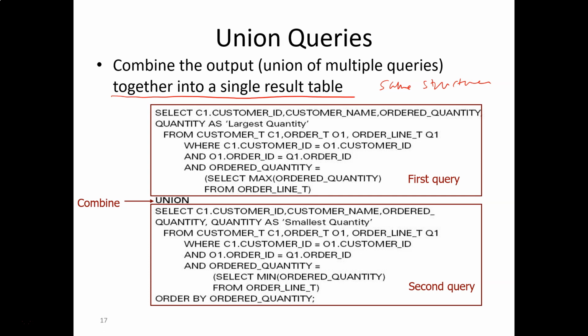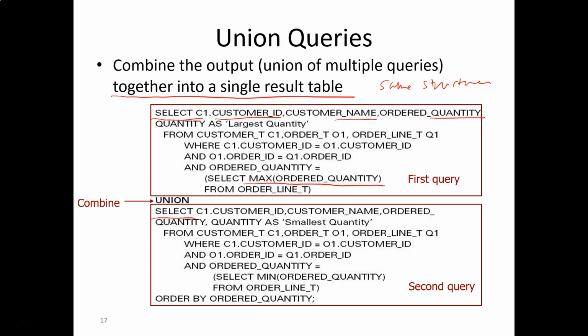So basically it's two select statements, and then you put the keyword union in the middle. In this example, the first select statement is going to give you the ID, name, and the order quantity of customers who order the most quantity of certain products.